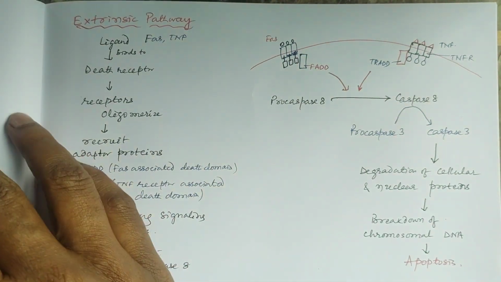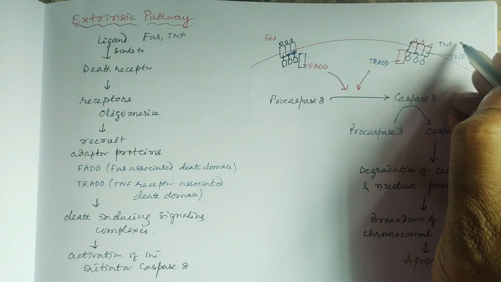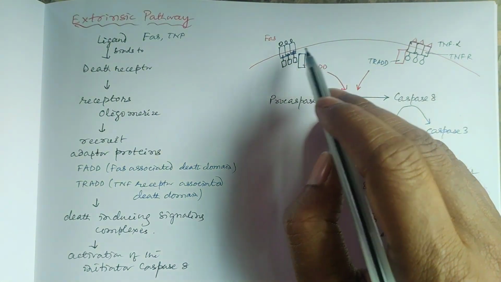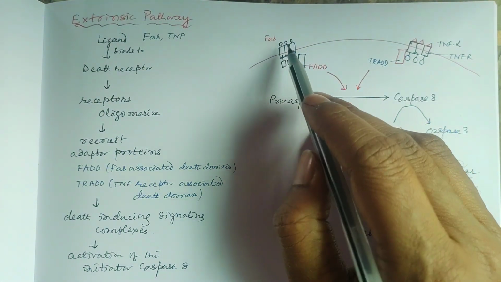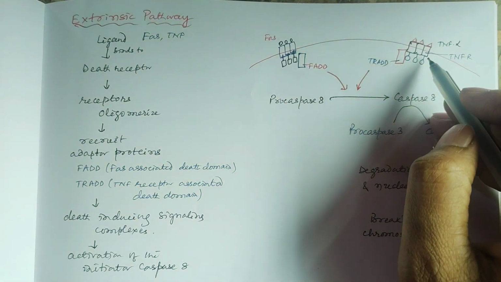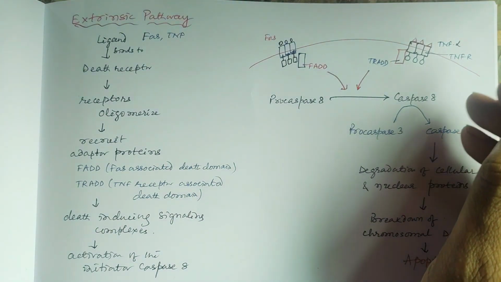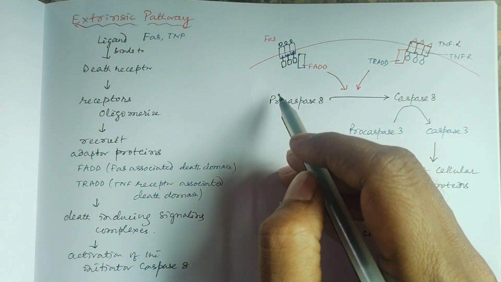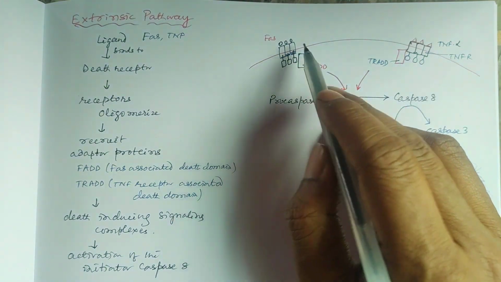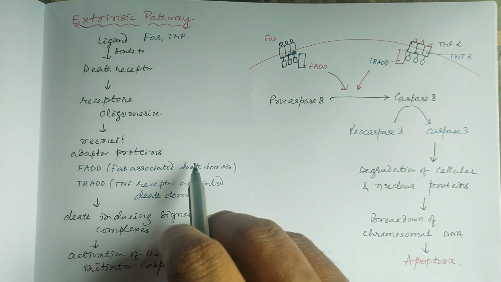The ligand like FAS or TNF alpha binds to its respective receptor. FAS binds to the FAS receptor, TNF alpha binds to the TNF alpha receptor, and similarly TRAIL binds to the TRAIL receptor, and there will be oligomerization of these receptors, mainly trimerization, and they will recruit adapter proteins.